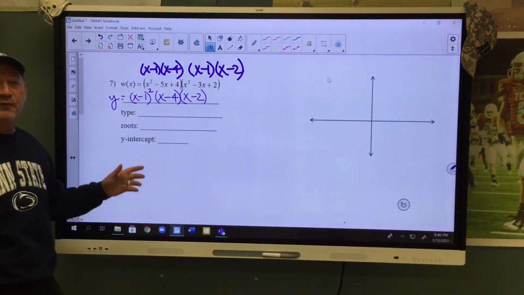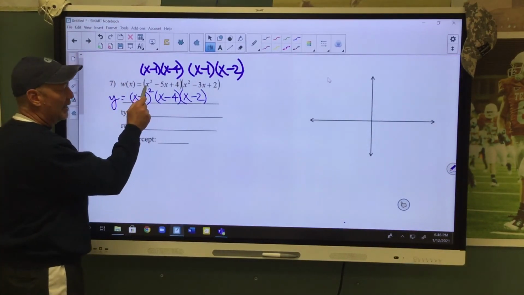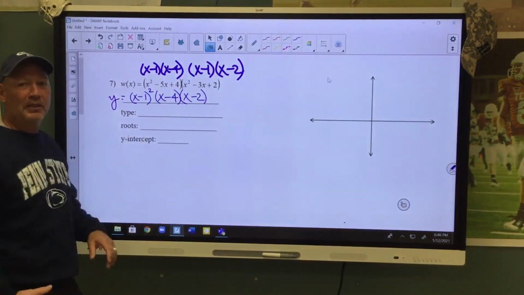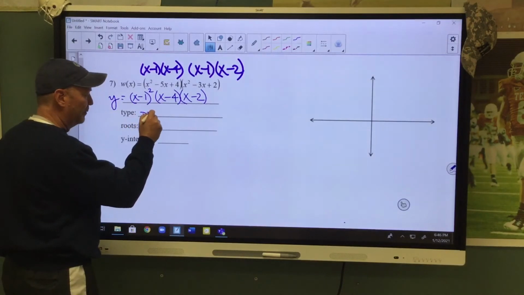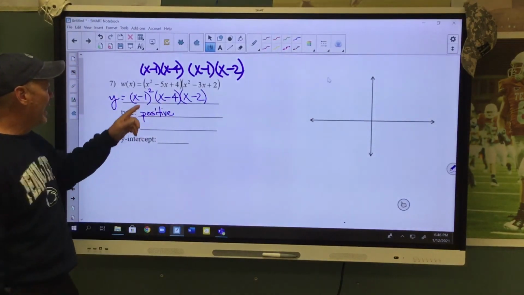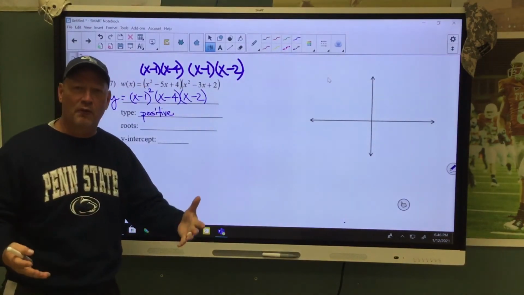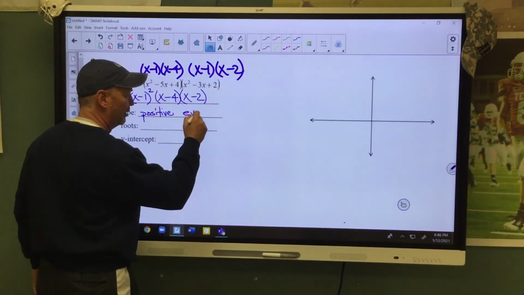This one's kind of easy if you go back to the original problem. This is positive and a positive, which means I'm going to stay positive. So I'm going to end up with a positive. And then I have x squared and x squared, so that's going to give me x to the 4th, which means we're going to be even. Positive even.